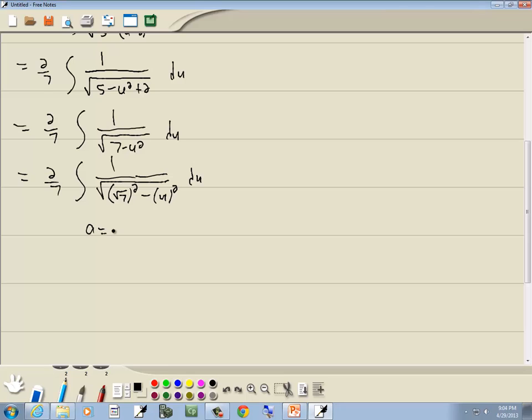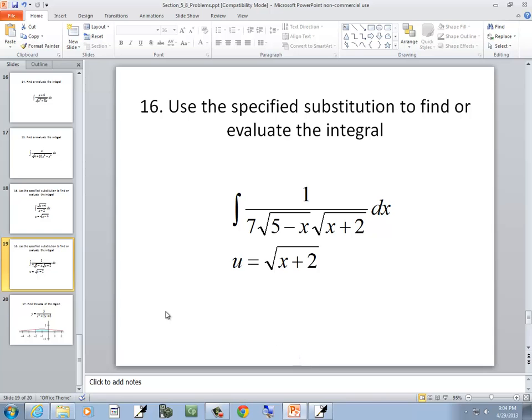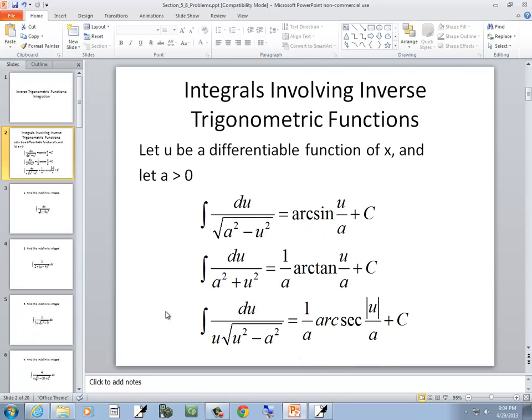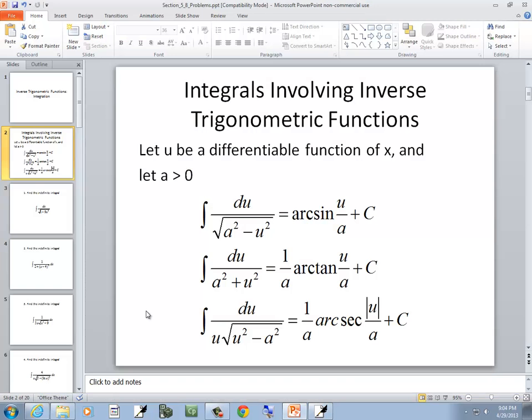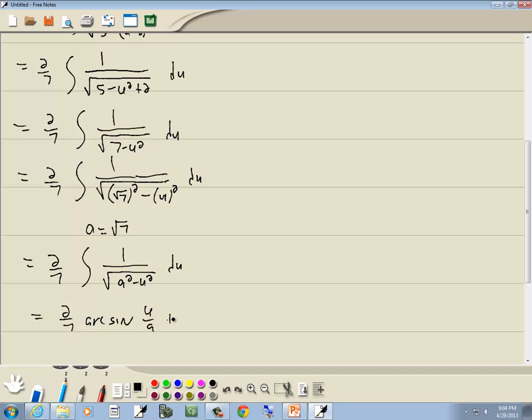Well, if I let a is equal to square root of 7, then what this becomes is 2/7 times the integral of 1 over the square root of a squared minus u squared du, which matches our first formula here. So I got 2/7 arcsine of u over a plus c.